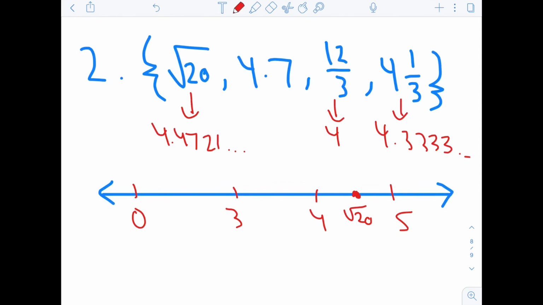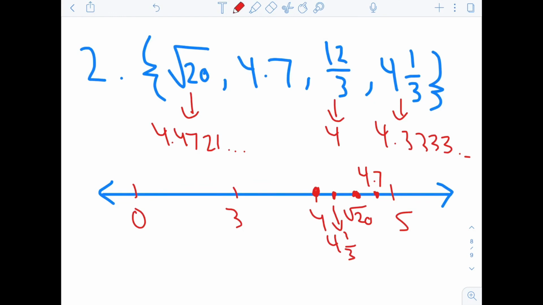So it's going to be closer to 5. It's going to be around right there. 12 over 3, which is 4, just goes straight on 4. And 4 1/3 is a third away from 4. So it's going to be around right there. That's going to be the 4 1/3.